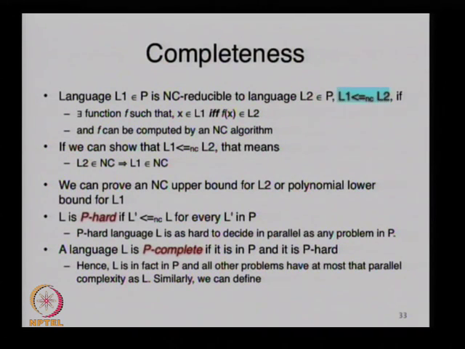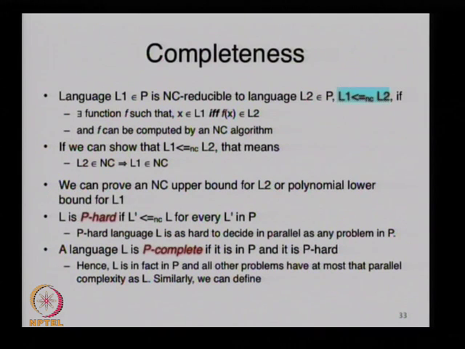So we say that a language, and this is now written in formal language terms, there is also a functional variant of all of this, but think of it as a decidable problem. We have a language L1, and we want to decide if something belongs to language L1.